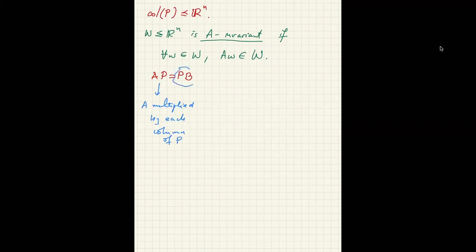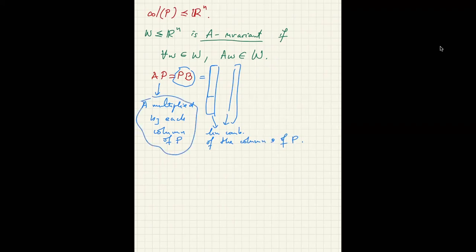The result is P times B, which is again a tall matrix, and the columns in this matrix are linear combinations of the columns of P. So basically, on the left, we take any column of P, we multiply by A, and how does the result look?